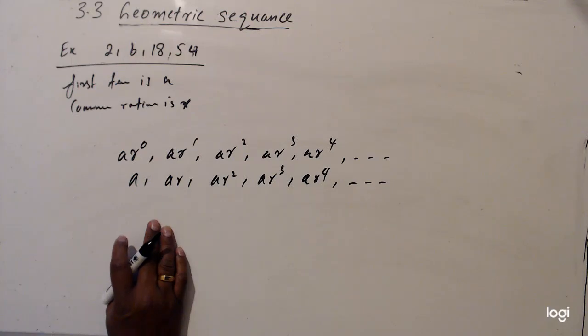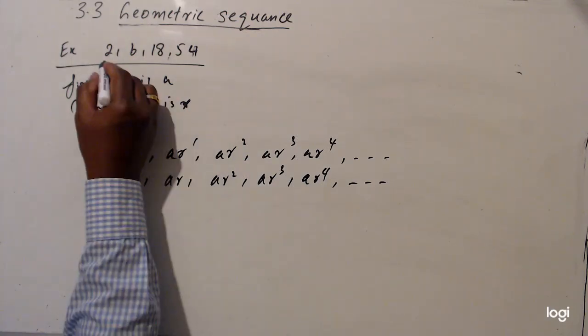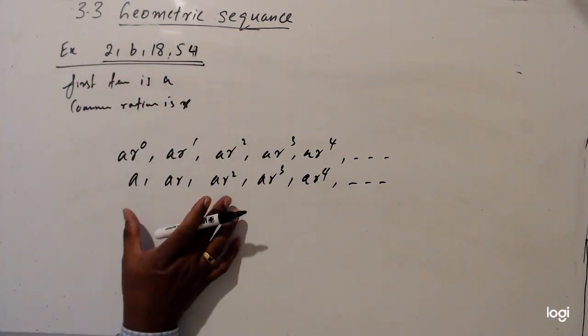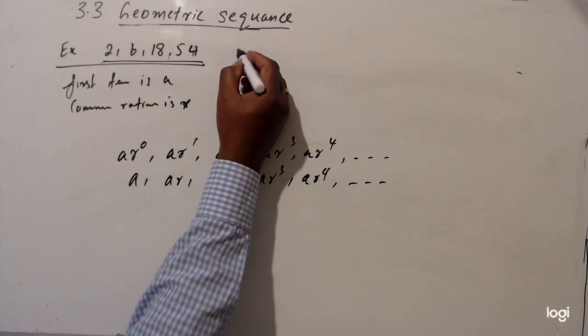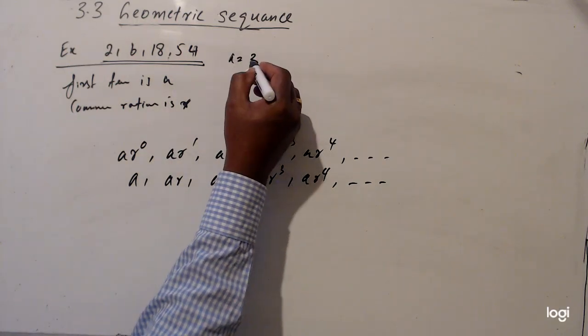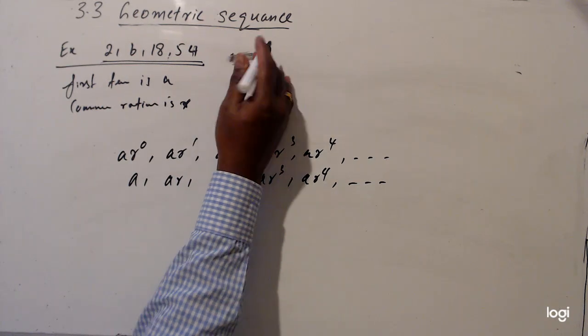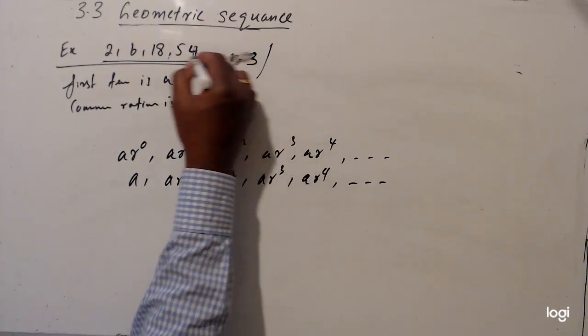And if we want to turn this geometric sequence into this, then we know that A is 3, the first term is 3, and the ratio is 2.